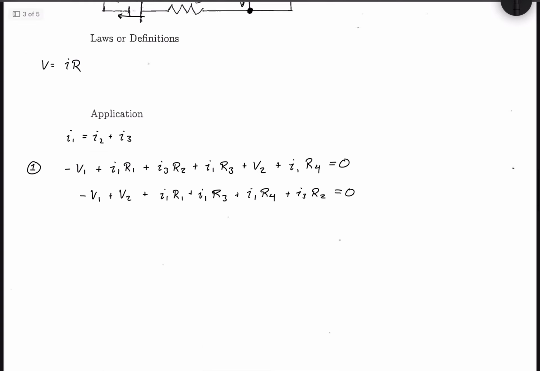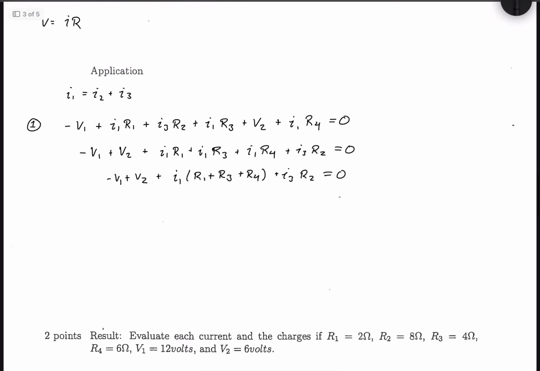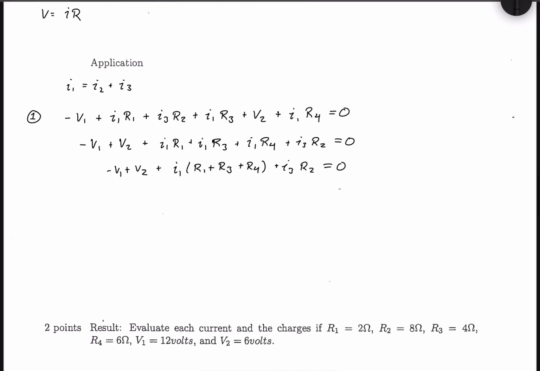That'll equal 0. Now what we can do here is write voltage 1 plus voltage 2 plus I1 times R1 plus R3 plus R4, plus I3 R2. So there we go. That's the most we can do with it right now. But as you can see, it's kind of hard to solve for either of these currents with just one equation.